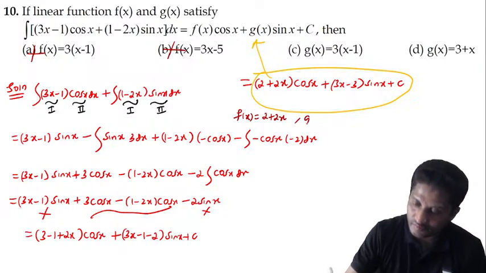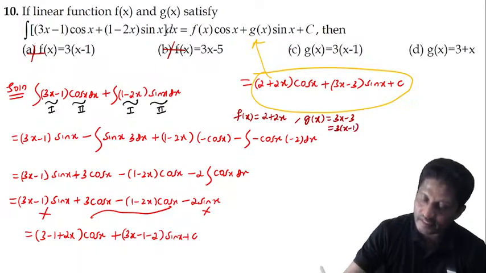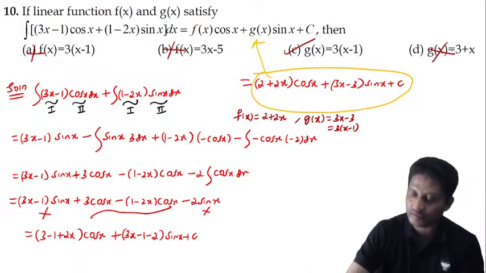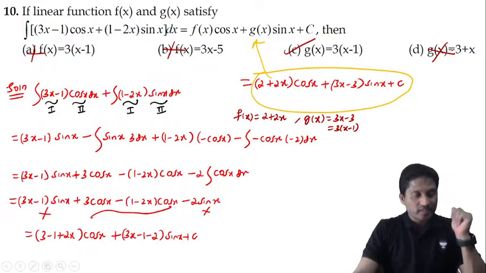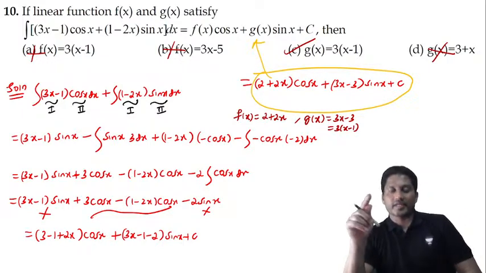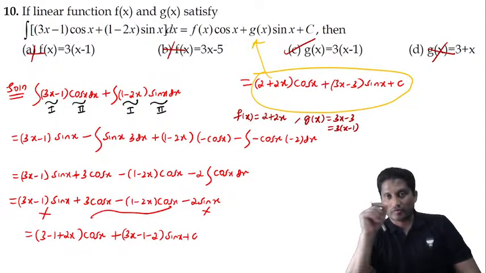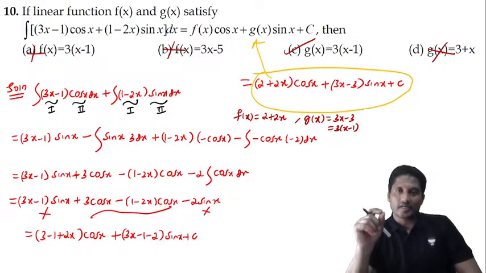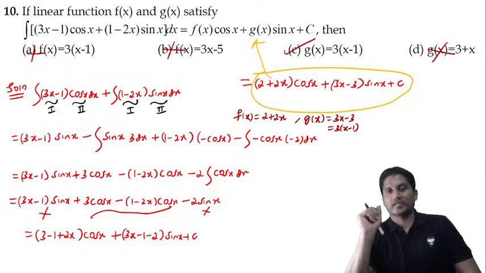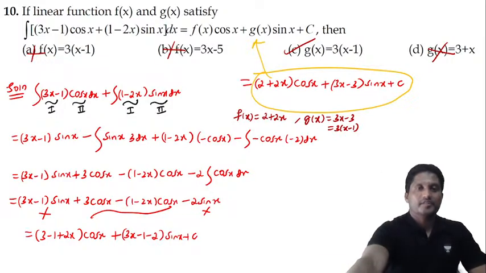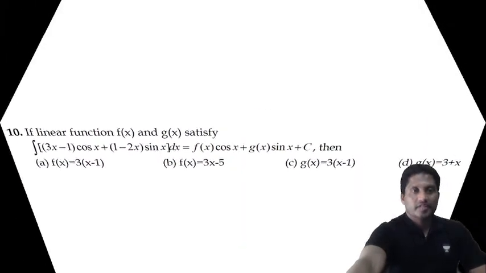If I compare, g of x is equal to 3x minus 3, which is 3 into x minus 1. Answer is option C. Even this is ruled out. Answer should be C only, guys. Just use by parts, bring it to the form f of x into cos x plus g of x into sin x, and then you equate the values of f of x and g of x. You will get the option. Let's move to the next question.